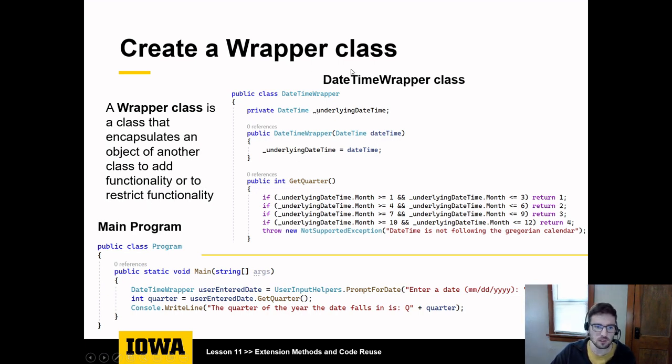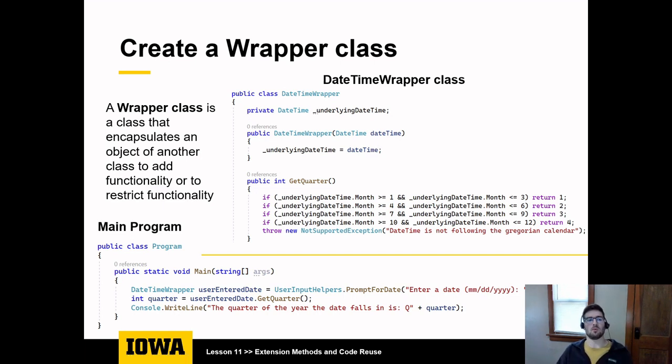So here we have the DateTimeWrapper class, public class DateTimeWrapper, and it encapsulates a DateTime object. We have a private field that stores an instance of a DateTime object that gets passed in through the constructor.